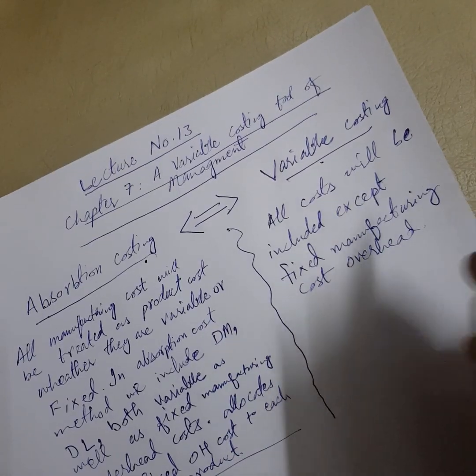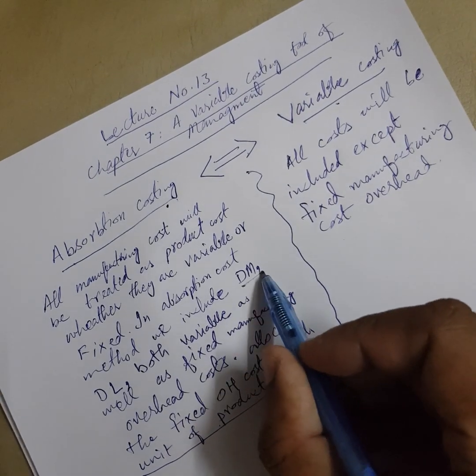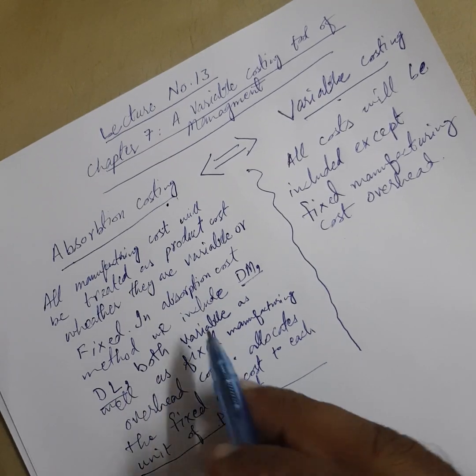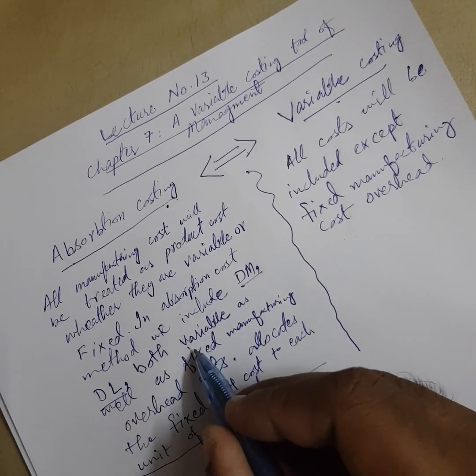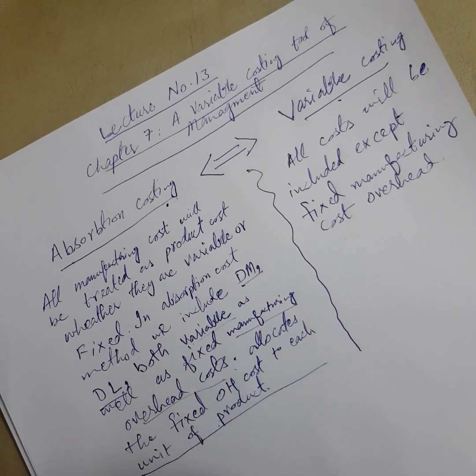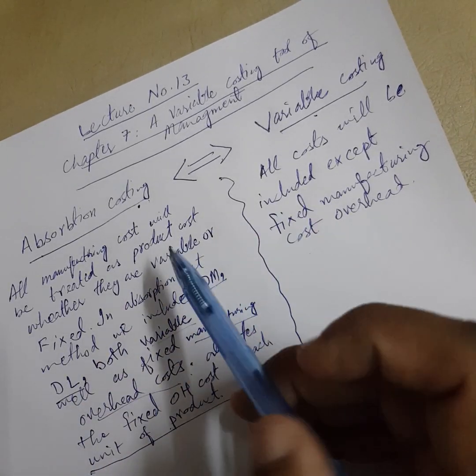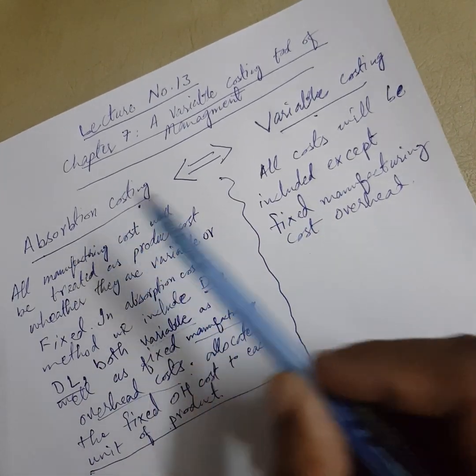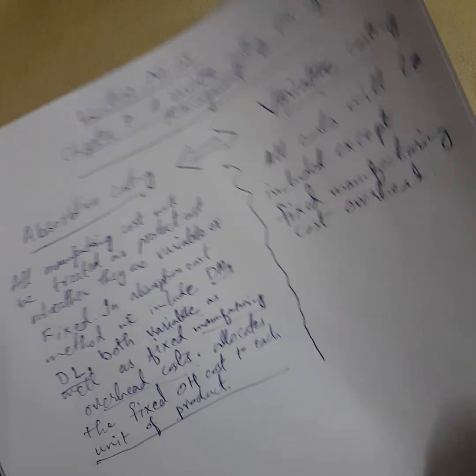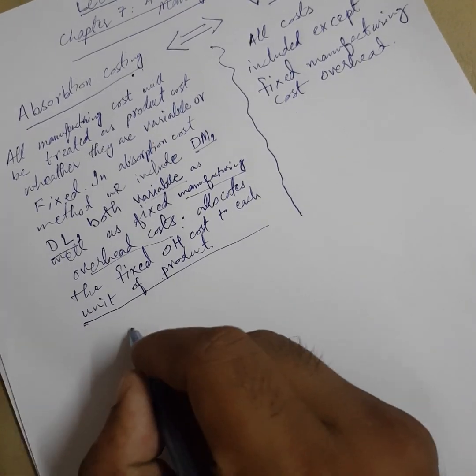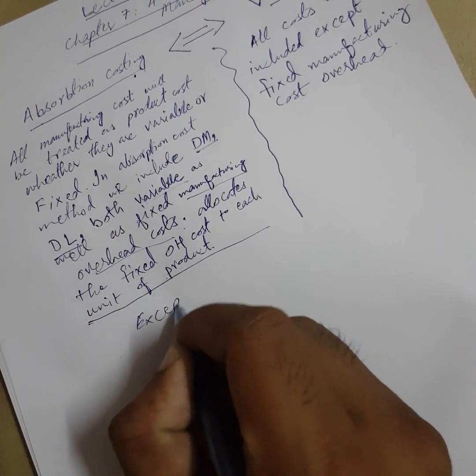It means in variable costing we will include direct material cost, direct labor cost, but not both, only variable manufacturing overhead cost. This is the basic difference between the absorption cost method and the variable costing method.